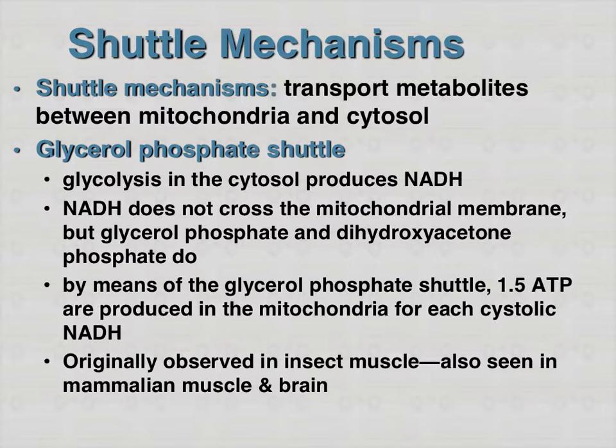So, we've been talking a lot this semester about making NADH or FADH2, and it's pretty obvious how the FADH2 from the citric acid cycle enters the electron transport chain, because it really doesn't leave. Succinate dehydrogenase is a part of the electron transport chain.